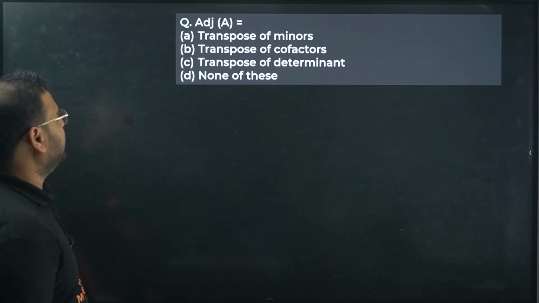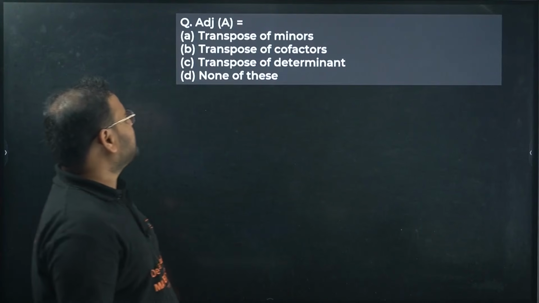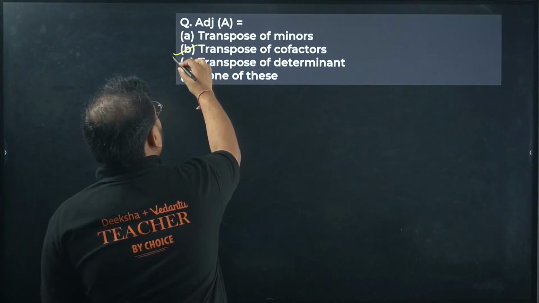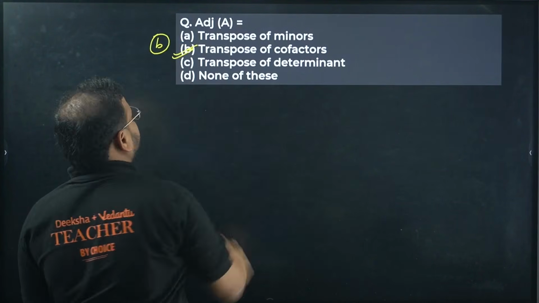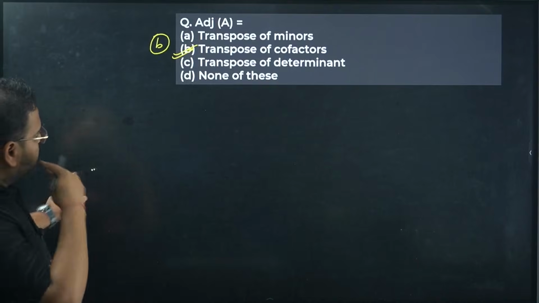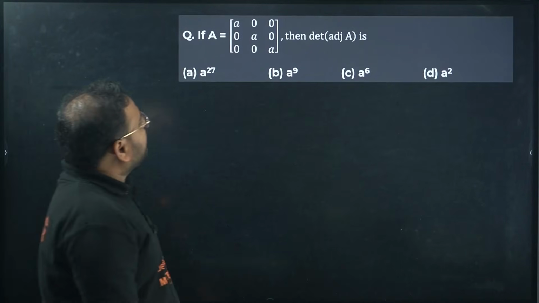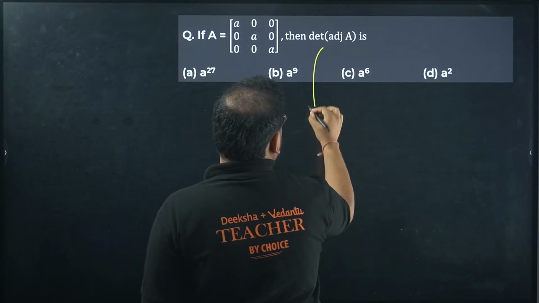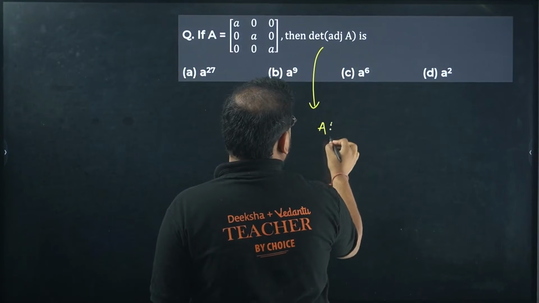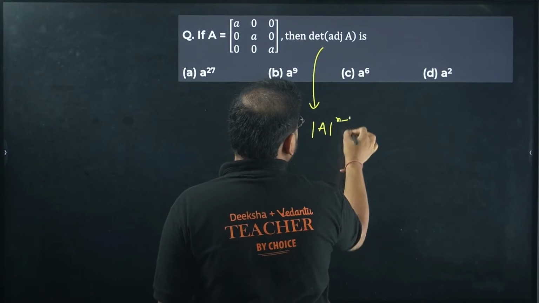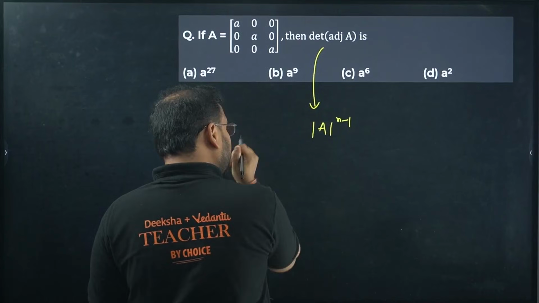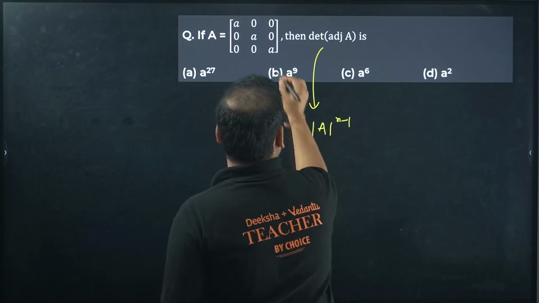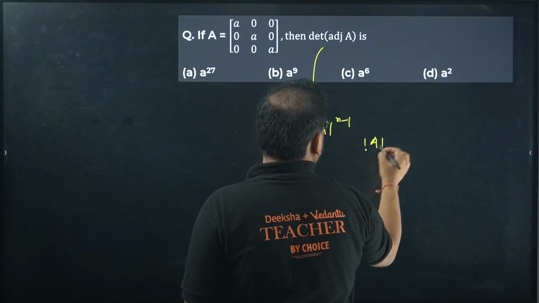Adjoint of A is the transpose of cofactors, correct. Thus B. Determinant of adjoint of A will be what? We learned it right now. It will be determinant of A power n minus 1. We have only one adjoint, and n value is 3, so determinant of A power 2.